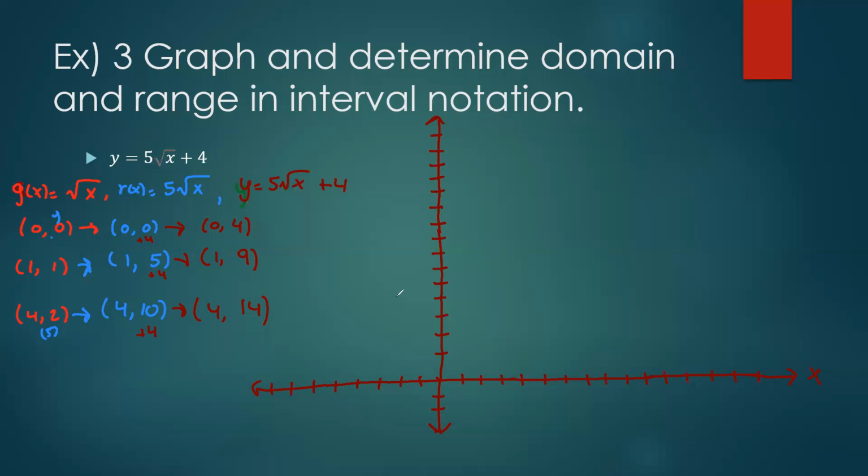Let's start with the parent graph. (0, 0) is right here, (1, 1) is right here, and (4, 2) is right there.